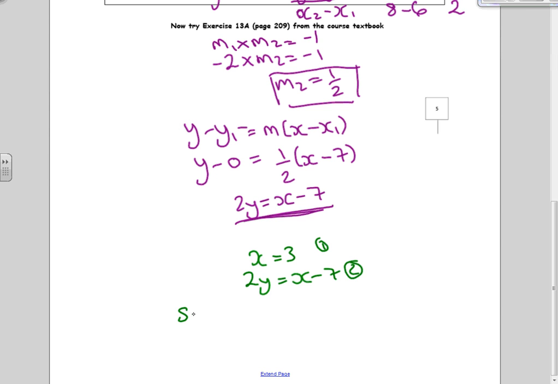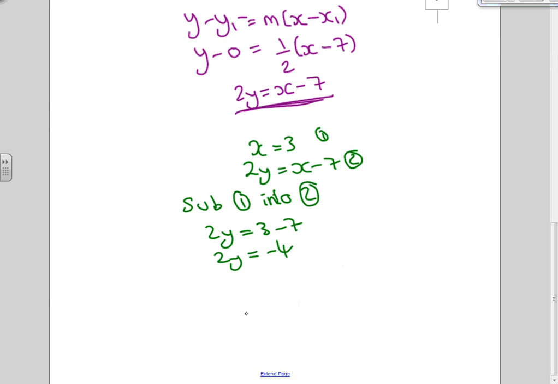So we are going to sub 1 into 2 to give us 2y equals 3 minus 7. So that means that 2y will equal minus 4 and give us y equals minus 2. So we now know that the centre of our circle is going to be at 3, minus 2.